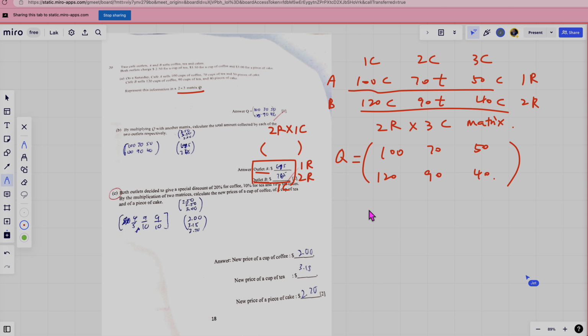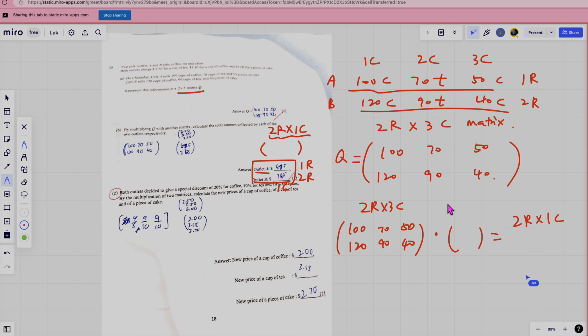So you already have this 2 row by 3 column matrix, which is this one. In order to get a 2 row by 1 column result, you need to multiply by something that is 3 rows by 1 column.